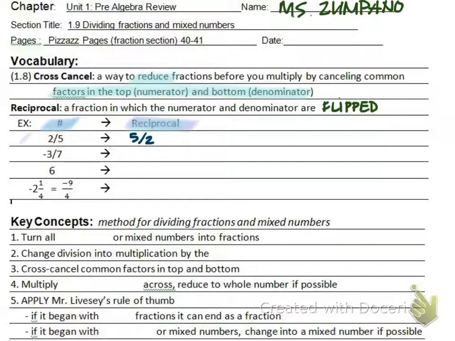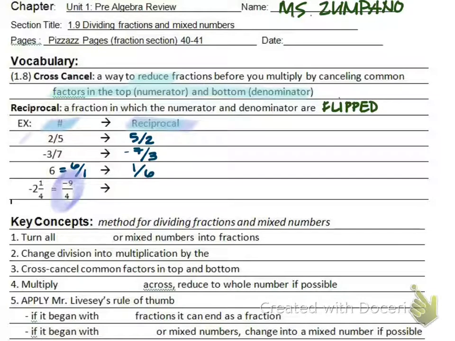And if I have negative 3/7, its reciprocal is going to be negative 7/3. And if I have 6, I can make this into a fraction by dividing by 1 to get 6 over 1, and its reciprocal is 1/6 then. If I take a mixed number, I can find its reciprocal by first converting it into an improper fraction.